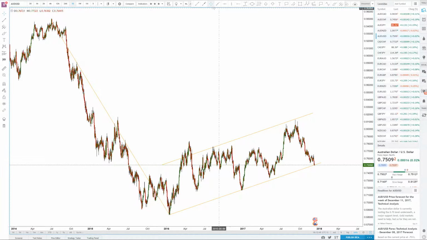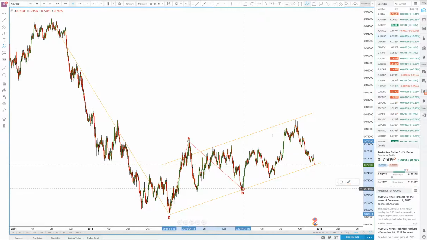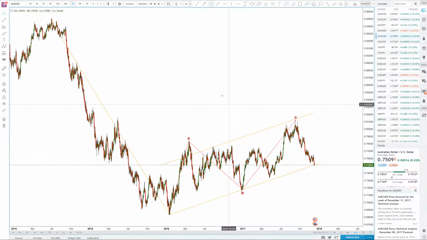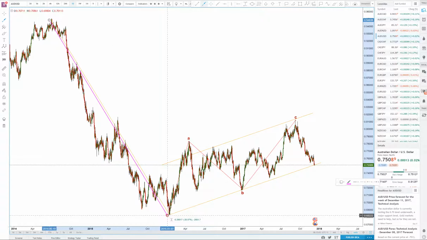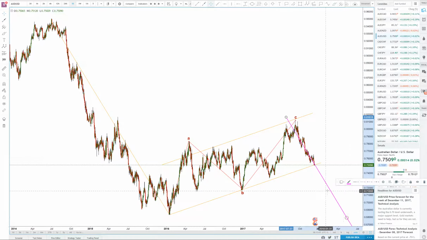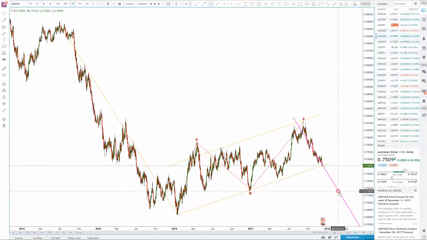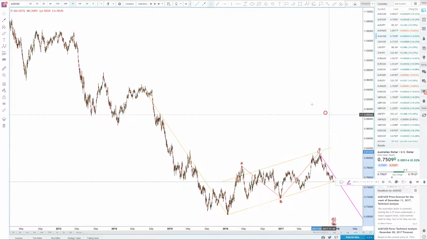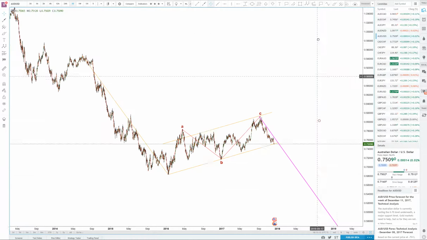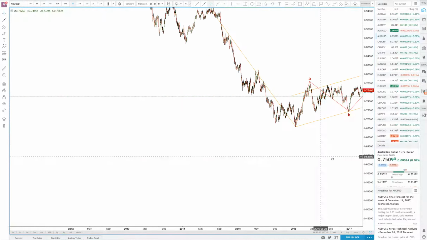Let me get, I'll just do ABC. So A, B, C, and now we're looking for another move down. Usually you're looking for an equivalent of this move, which is huge, like so, and I'll put us at a lot lower level.